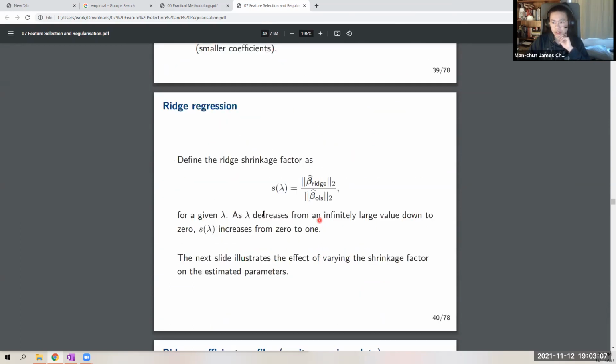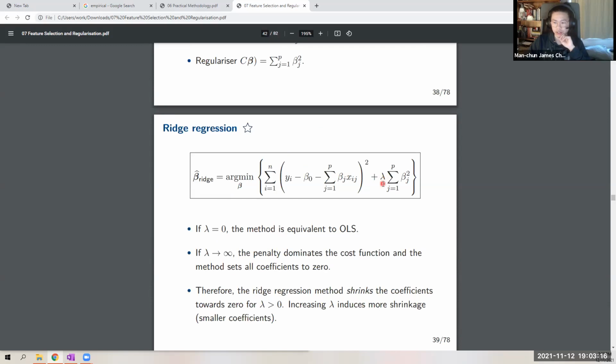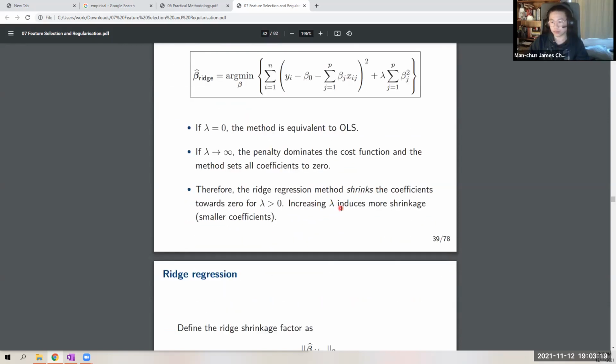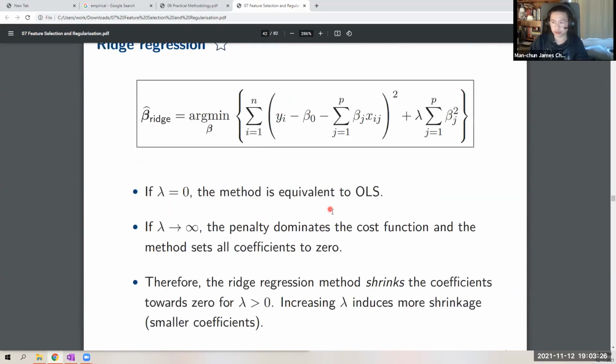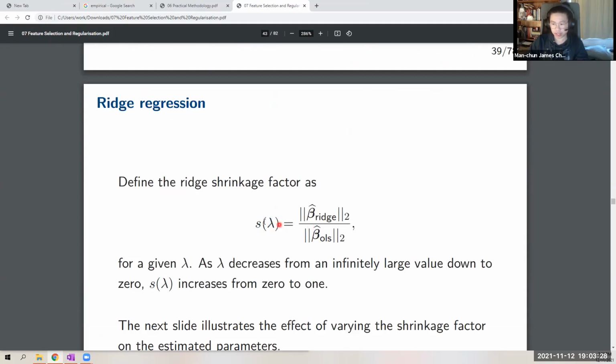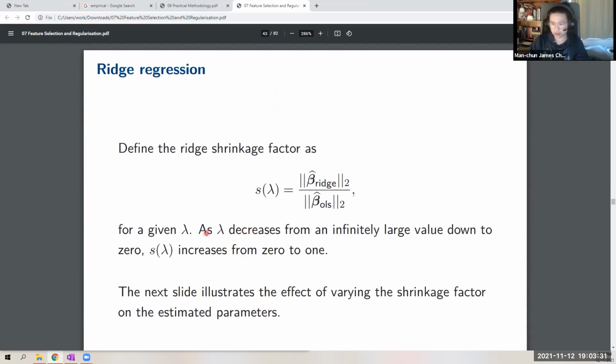Also, be careful about the difference between the shrinkage factor and the regularization strength. A higher lambda means stronger regularization, which decreases the shrinkage factor, which goes from 0 to 1.